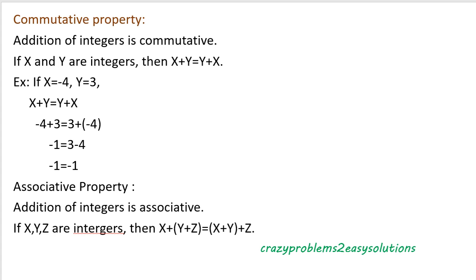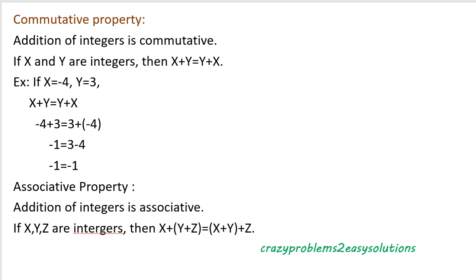First we subtract: 4 minus 3 equal to 1. Look at which number is greater. 4 is greater, and its sign is minus, so we make it minus 1. Now y plus x means 3 plus minus 4. Plus into minus is minus, and the answer is minus 1. The property is satisfied, and minus 1 is also an integer.